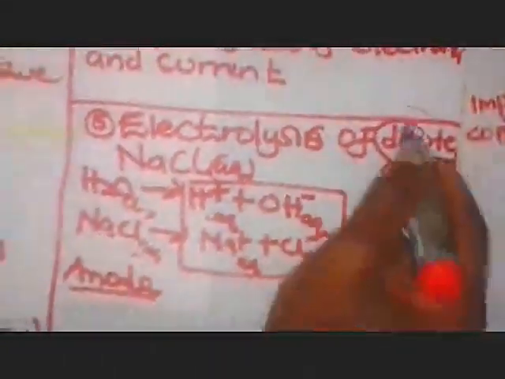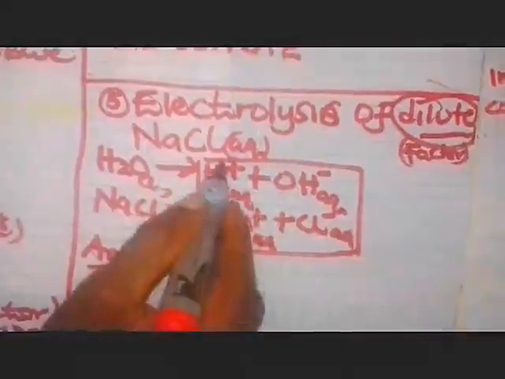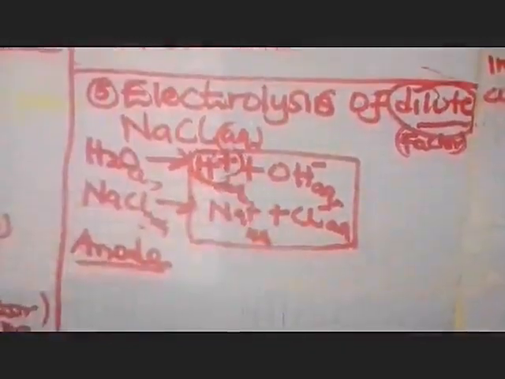Now what is going to move to the anode? We are going to bring in which one is highly concentrated now. We are going to see that now, because water is in excess because of the word dilute. Water is a lot, dilute sodium chloride. So this implies that the hydrogen ions are highly concentrated.